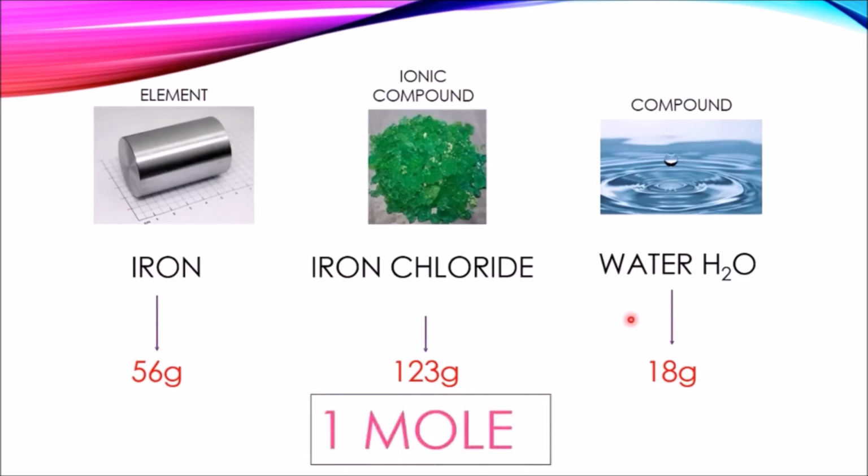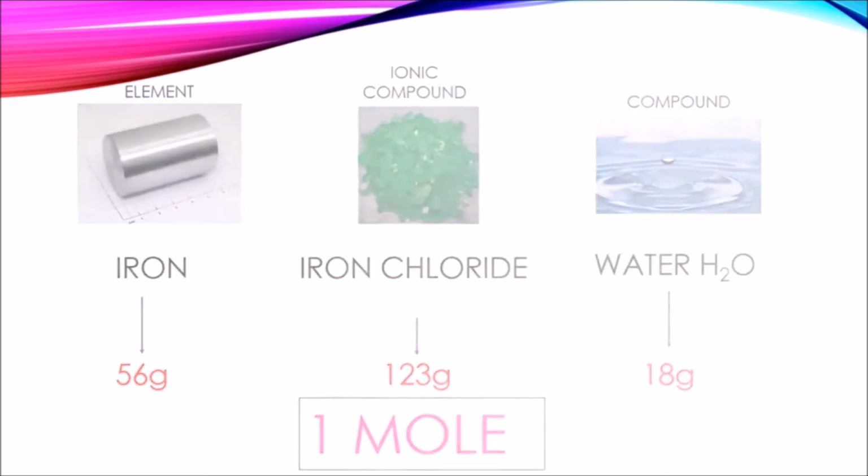They are all equal to 1 mole of these substances. For any substance, whether you write its formula mass, molecular mass, or atomic mass, in all cases, whenever you find the molecular mass, formula mass, gram formula mass or gram atomic mass of a substance, that is equal to 1 mole of that substance. Okay, so 1 mole is actually the amount of substance, how much? According to the formula.